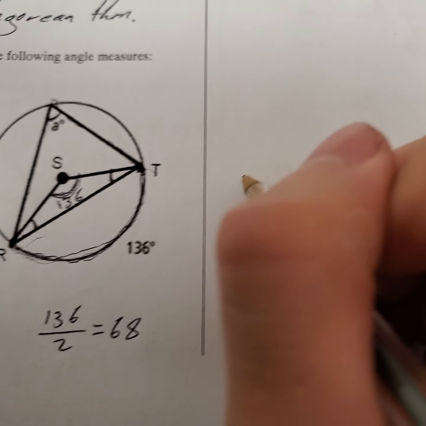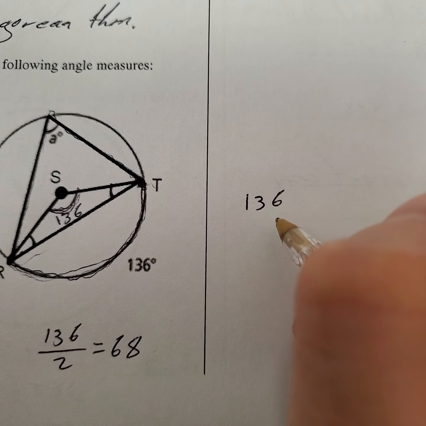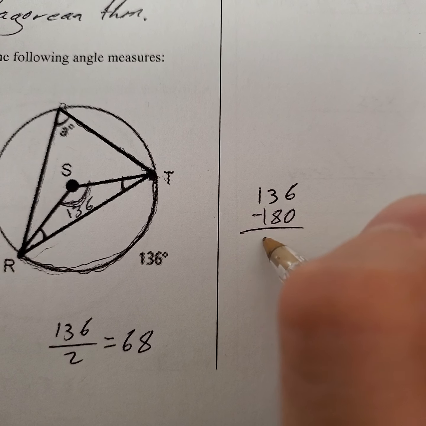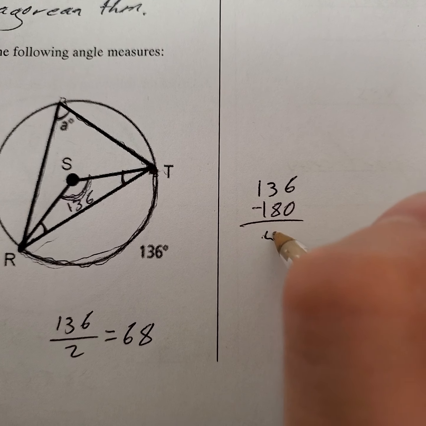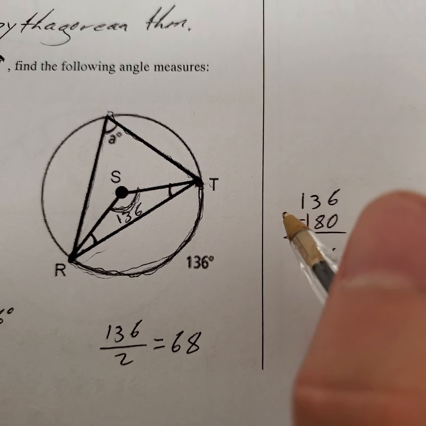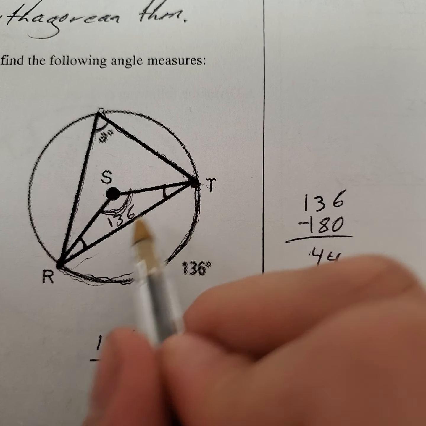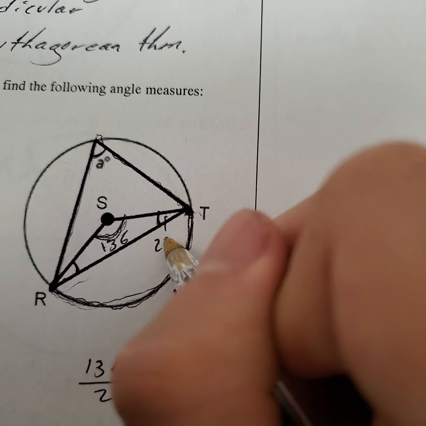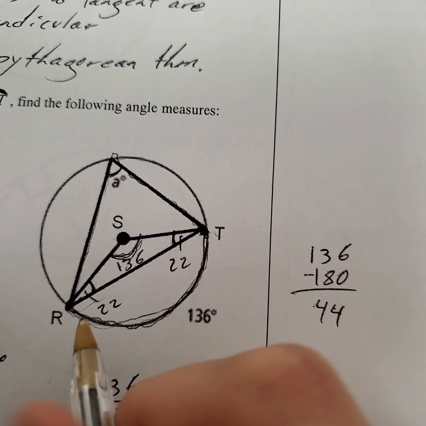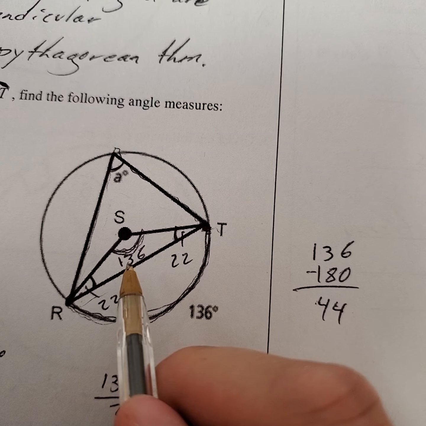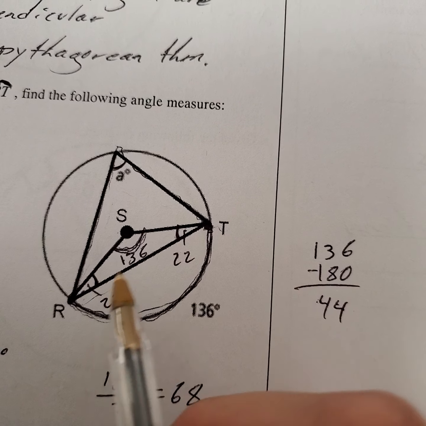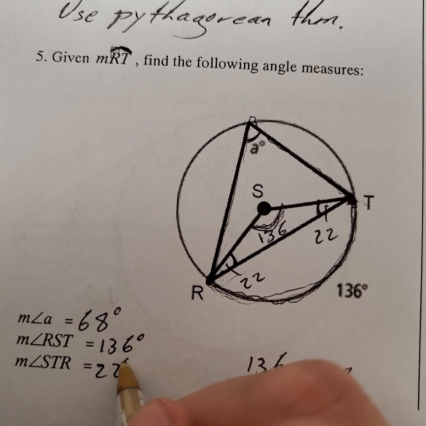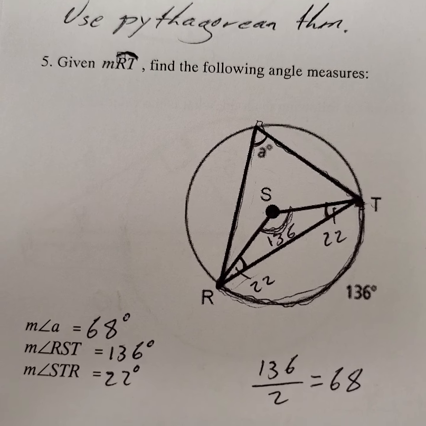Well, I can do 180 minus 136. This gives me 44. I'm left with 44. So between these two, they have to be 44, and they have to be the exact same thing. That means that this is 22 and this is 22. So the both of them together are 44 and the 136 are 180. So this angle here is 22 degrees. And that's it for number 5.